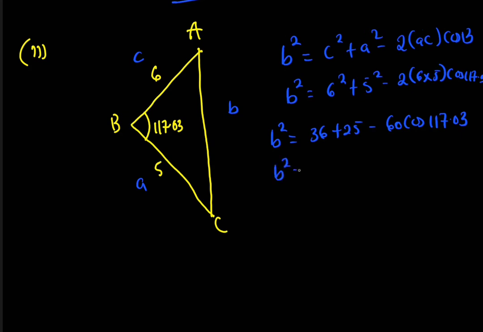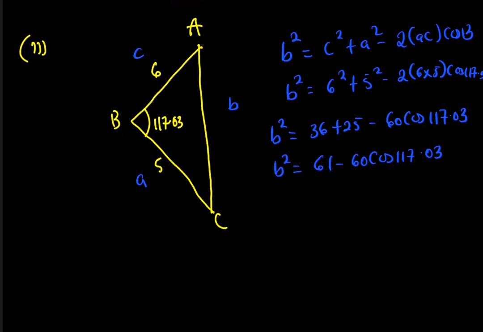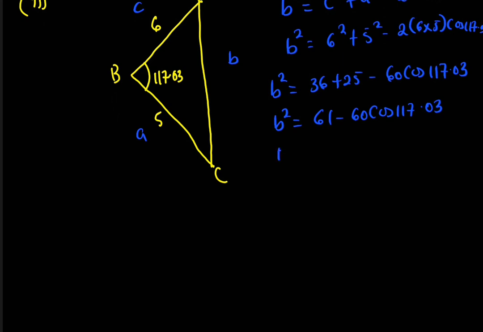Okay, so b squared is equals to, now having this, b squared is equals to 61. I want you to watch and see what is going to happen now. This is 60. Now I need to use my calculator to find cos 117.03. Now cos 117.03 will be equals to minus 0.4545.